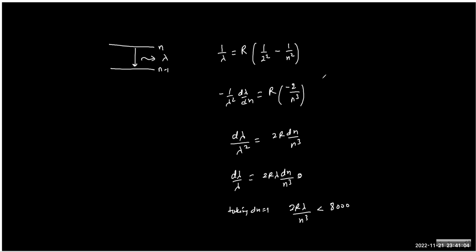If n is really large, then 1 by lambda becomes R by 4, right? Lambda is 4 by R. So we can substitute here. Lambda R is basically 4. So 8 by n cube is less than 1,000. So n cube by 8 is what?